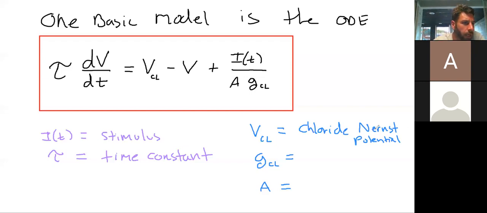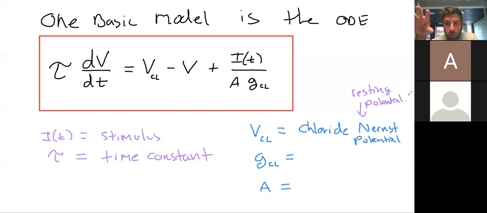Another way you can think of this, and it won't get you into too much trouble, I don't think, is that this is the resting potential. And if you think about it, this makes sense. Suppose you ask what's happening when the voltage isn't changing.